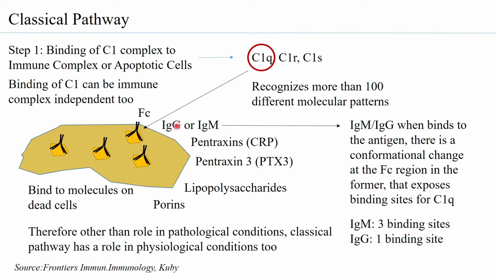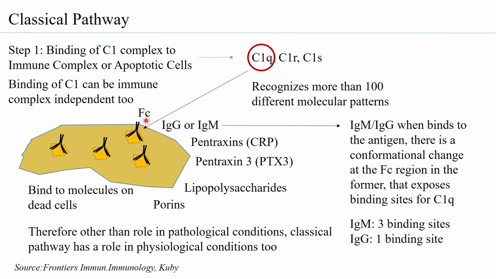Now the IgG or the IgM, when they bind to the antigens, so you can see over here how the antibody is able to bind to the epitopes present on the cell. When the antigen binds to the antibody, there is a conformational change in the antibody, observed in the Fc region.